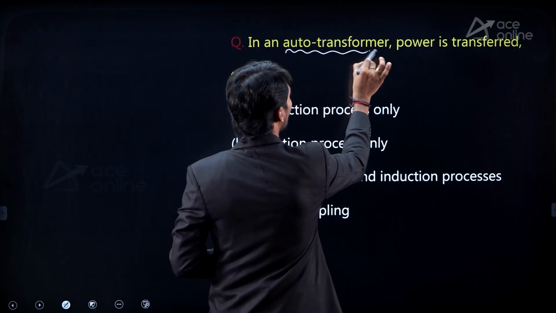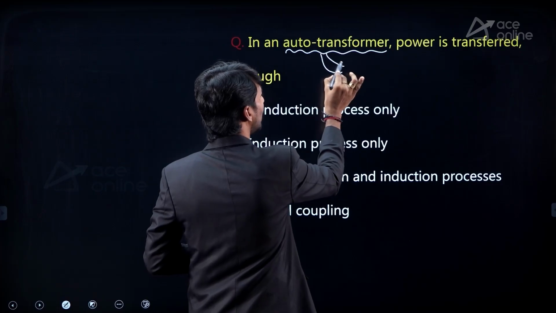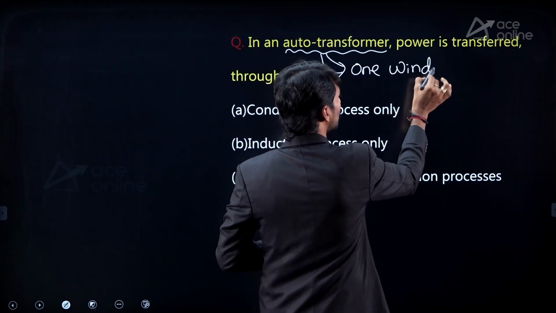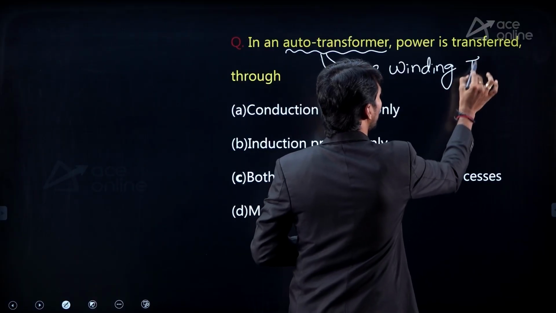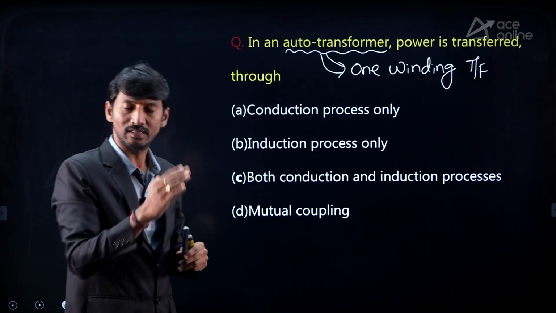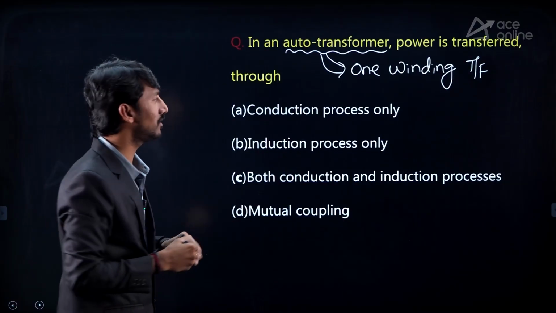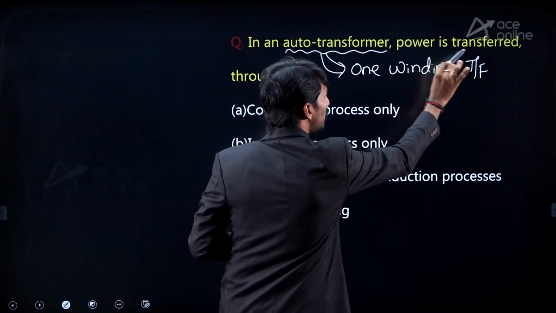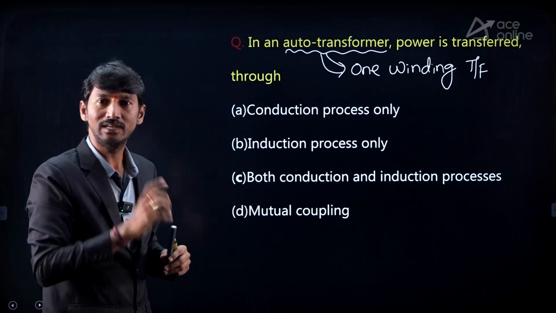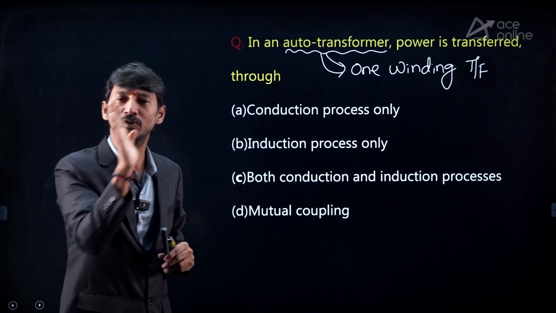So what do you mean by auto transformer? First of all, an auto transformer in the simple way is called a one winding transformer. In this one winding transformer, the same winding is acting as primary and secondary, we can say. So that's why the power is transferred in both modes, conductively as well as inductively. But in the normal two winding transformer, power is transferred only inductively.